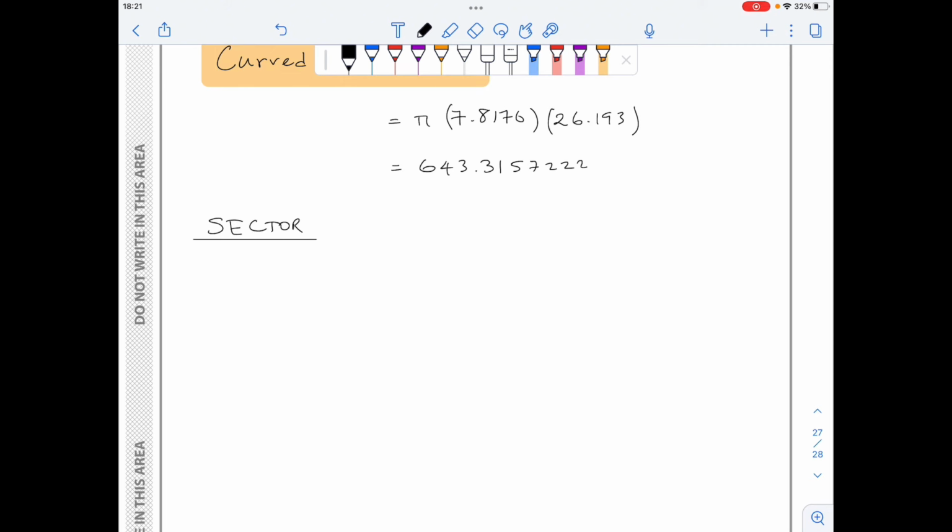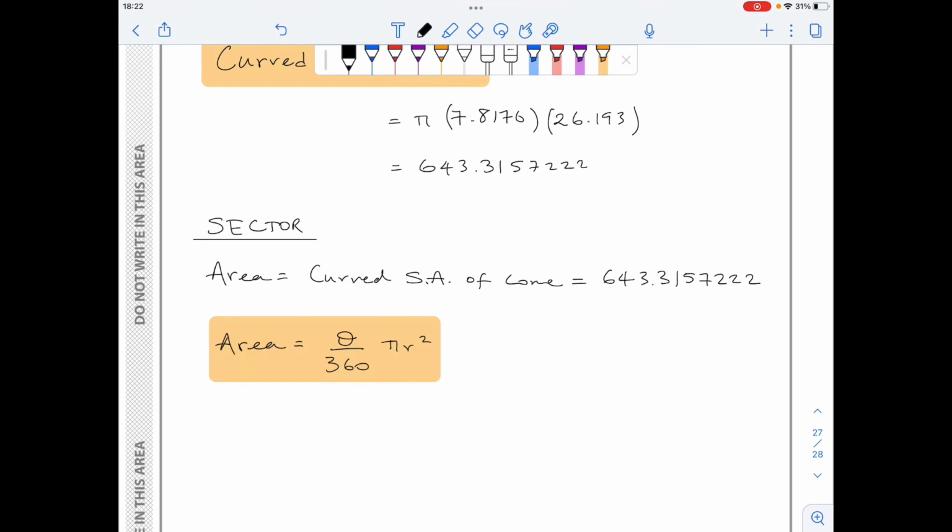In this specific question, the area of the sector is equal to the curved surface area of the cone, which is this value here. Now the area of the sector is given by the following formula. So I get x over 360 times pi, and now note the radius of the sector is equal to the slant height of the cone, which we have found above. That's 26.193 and so on.